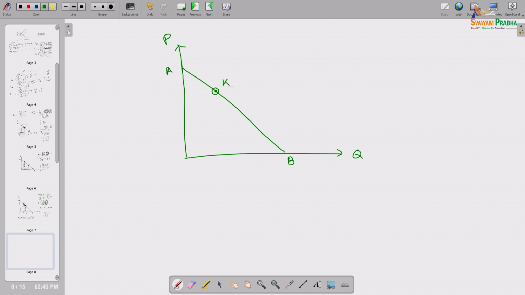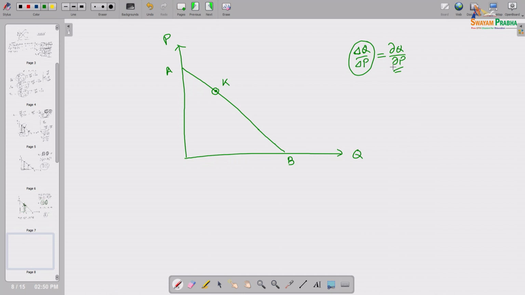Since we have to take delta Q by delta P, and it is a straight line, it does not matter which direction I go, this side or that side, because by virtue of being a straight line its slope is fixed.